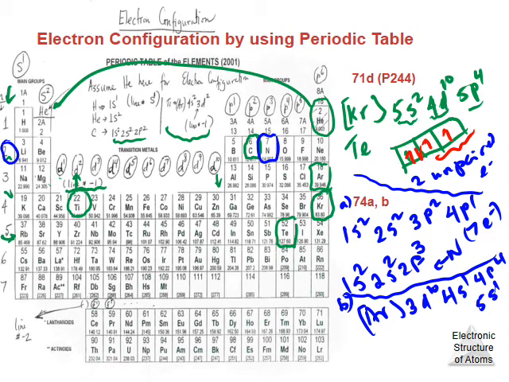How do I get this? Of course, you have the argon configuration, which is already filled in. I don't need to worry about that. Count electrons outside of the argon configuration. That's altogether 16 electrons. So you have to assign 16 electrons beyond argon.